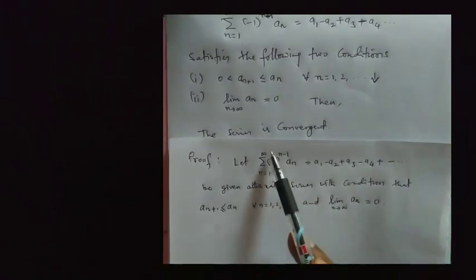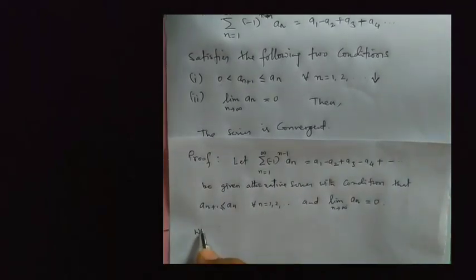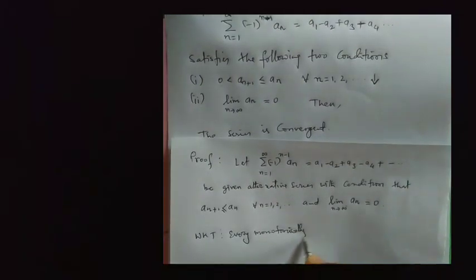And again, to show that the sequence of nth partial sums of this series is convergent, I am going to use the fact that every monotonically increasing and bounded above sequence is convergent.